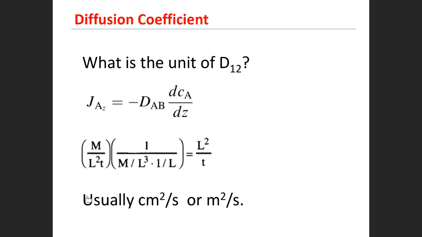So if you cancel out identical units, you will be left with a unit of length squared per unit time. So the unit of diffusion coefficient is basically centimeter squared or meter squared per second. So that's that.